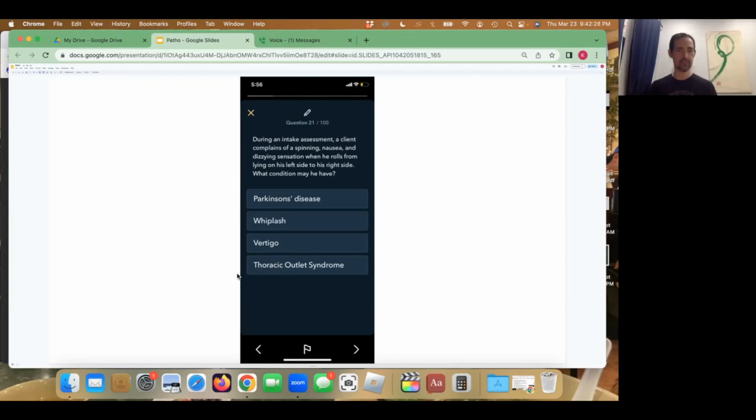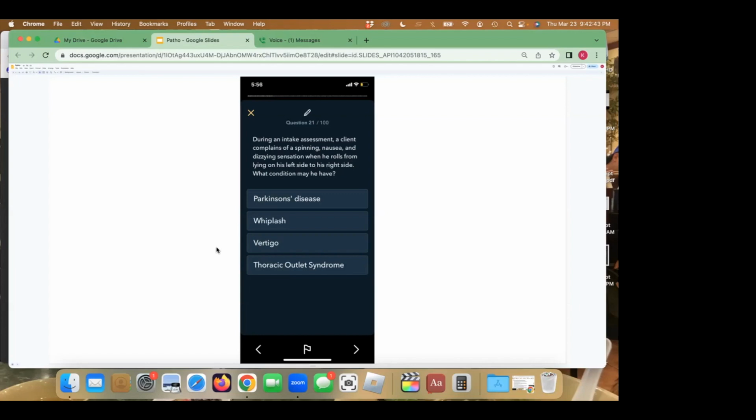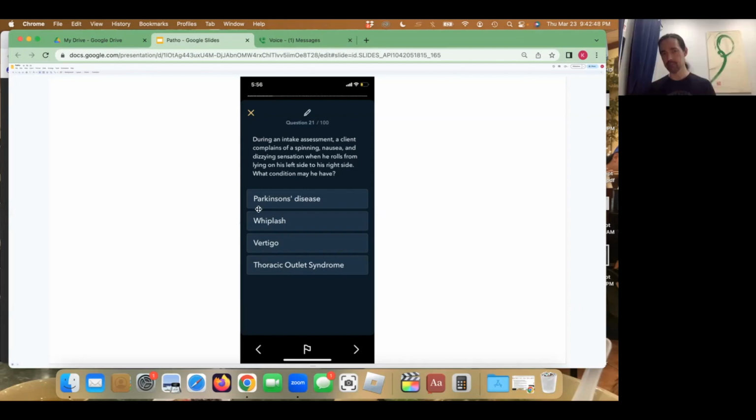Thoracic outlet syndrome often manifests as pain, weakness, numbness, tingling in the arm, hands. It doesn't usually give a dizzying sensation when they roll from one side to another. Whiplash. Oh, no. I'm not sure. Okay. You think it could be Parkinson's or vertigo?